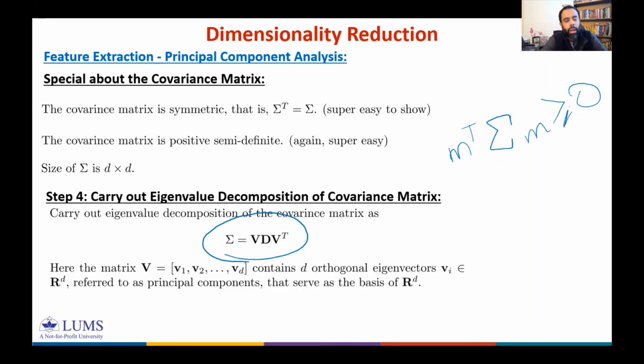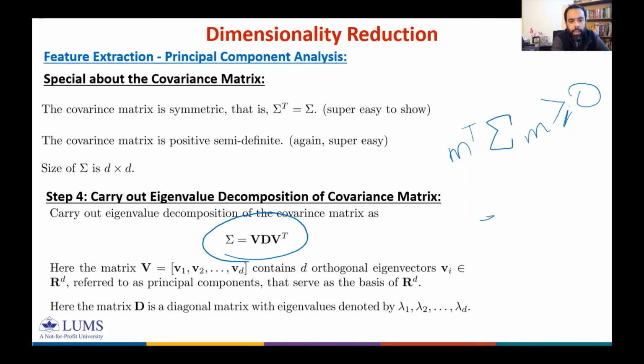We refer to V1, V2, ..., VD as principal components. These are the principal components which you want to find. And the matrix D is a diagonal matrix, and the values along the diagonal are lambda 1, lambda 2, ..., lambda D. These are the eigenvalues of the covariance matrix.